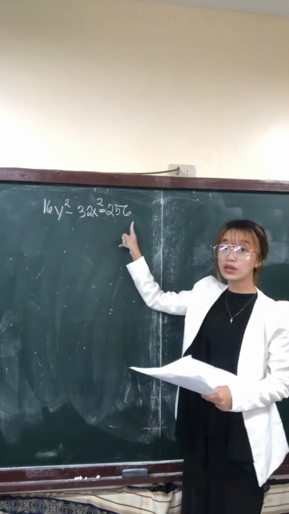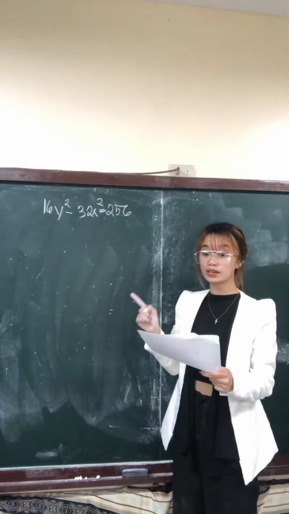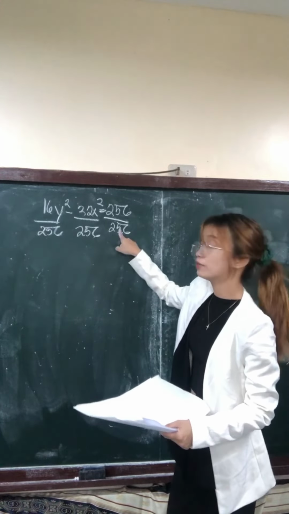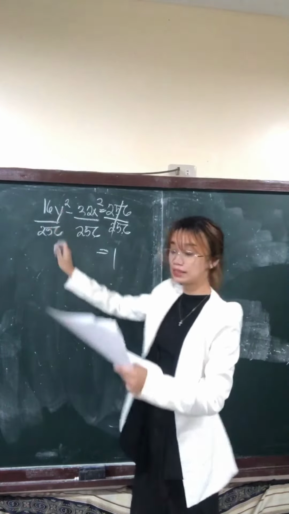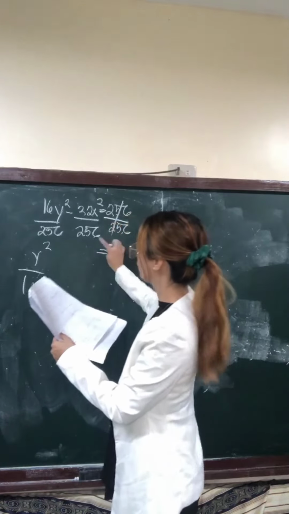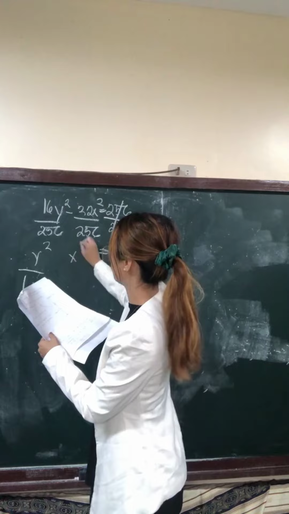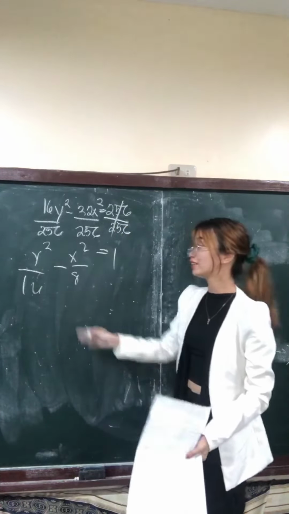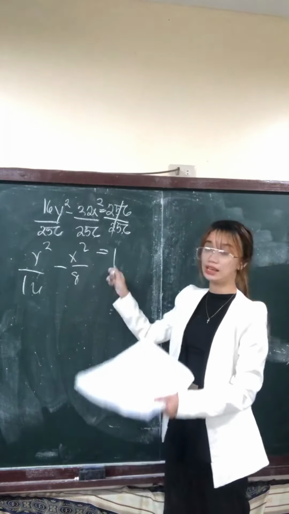Since this is not in the standard form, y squared over a squared minus x squared over b squared equals 1, we divide both sides by 256 so the right side equals 1. We get y squared over 16 minus x squared over 8 equals 1.